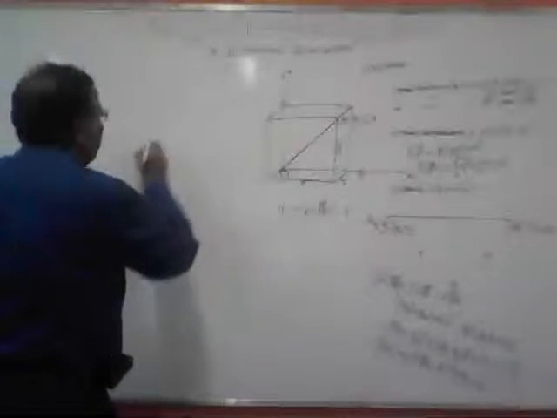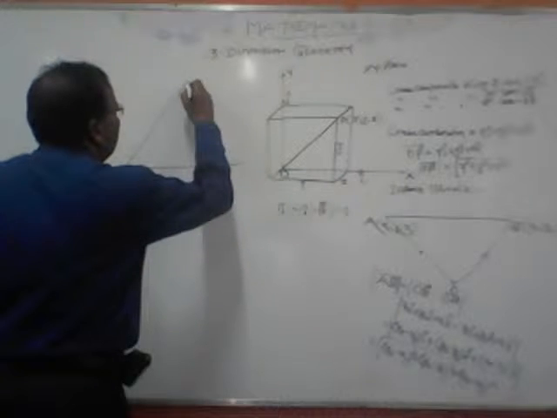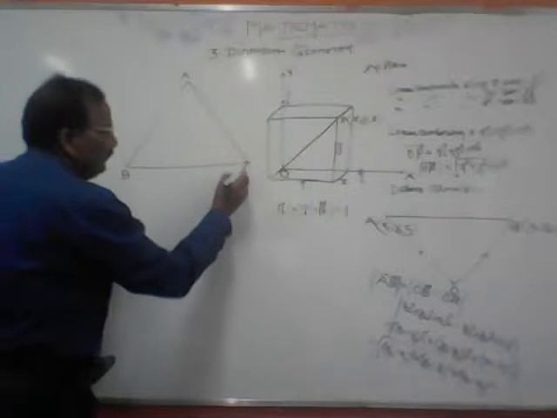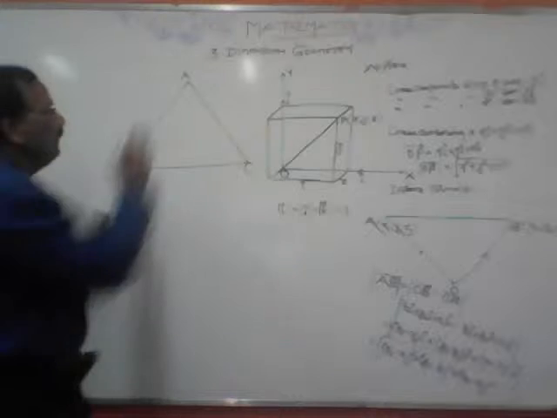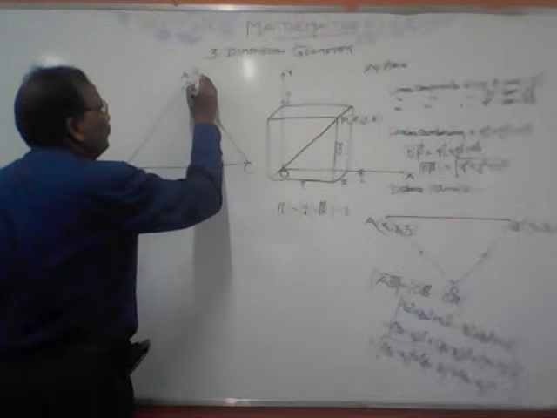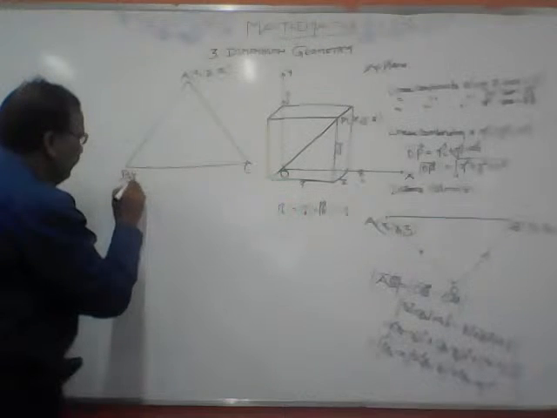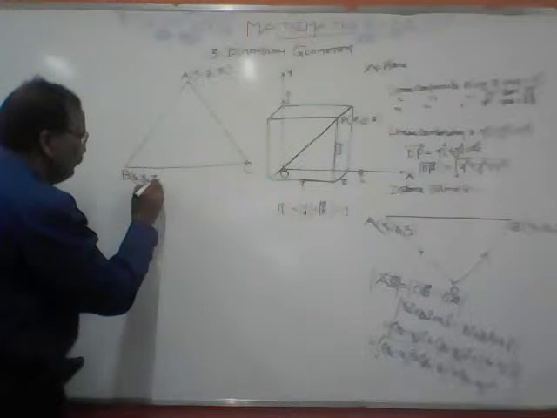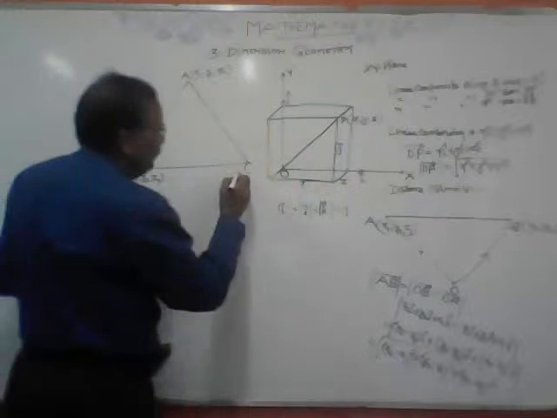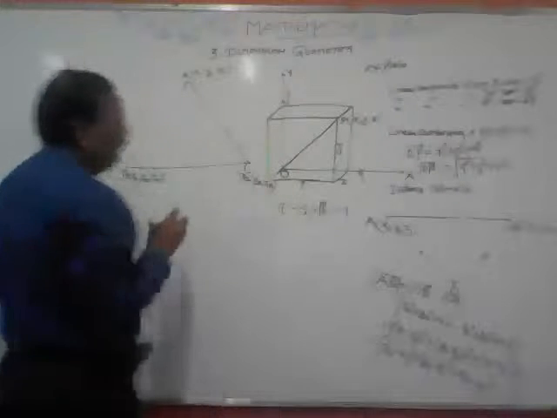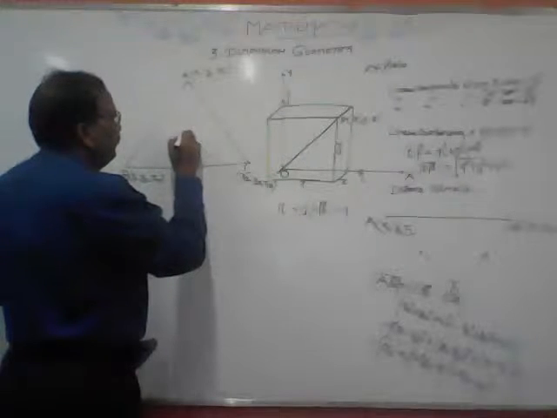Centroid of a triangle: we have made a triangle ABC. The coordinates are x1, y1, z1; x2, y2, z2; and x3, y3, z3. This is the centroid.